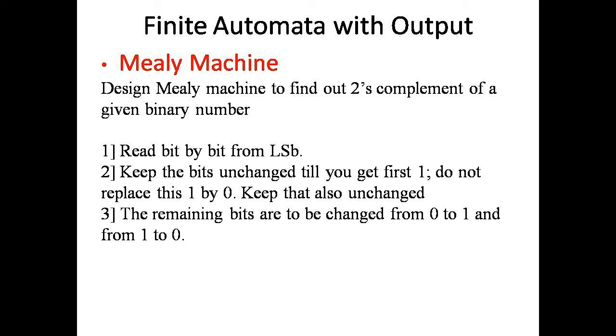Next example is to design a Mealy machine to find out the 2's complement of a given binary number. It will be much similar compared to the previous problem. Steps to be followed are: number 1, read bit by bit from LSB.